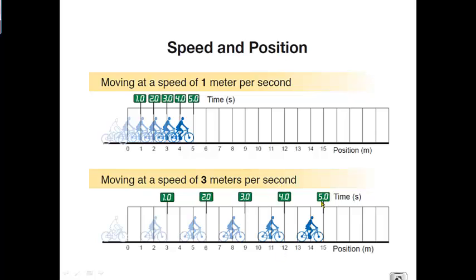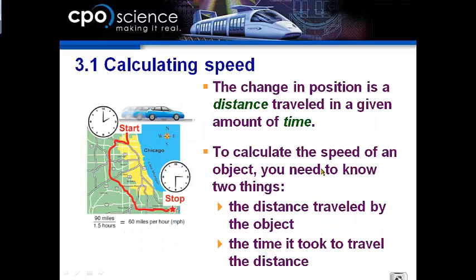After 5 seconds, his position would be 15 meters, because he's 15 meters away from the origin, which was 0. But his speed is still 3 meters per second, because if you take the distance he's gone, 15 meters, and you divide it by the time, 5 seconds, you get 3 meters per second.